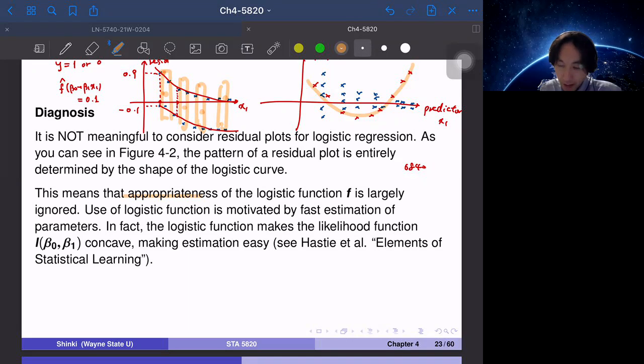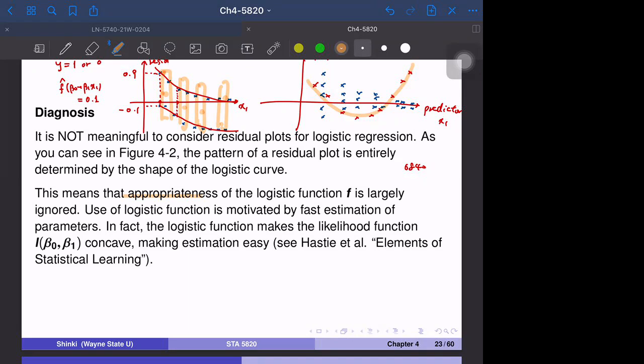But in 6840, we cover whether or not the model is appropriate for the data, exploring the possibility of missing predictors, which is basically testing if logistic regression is sufficient.